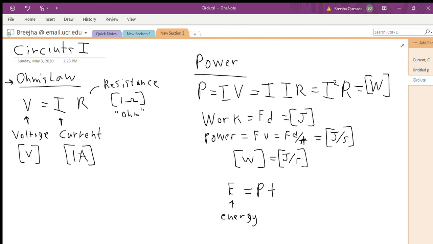So if something that has a power output of 5 watts runs for 5 seconds, we can typically say that there's 25 joules of energy that were harnessed there. So these, I would say, are the two of the most basic and most useful equations for when you do circuits.